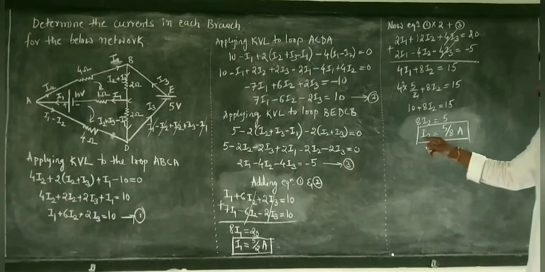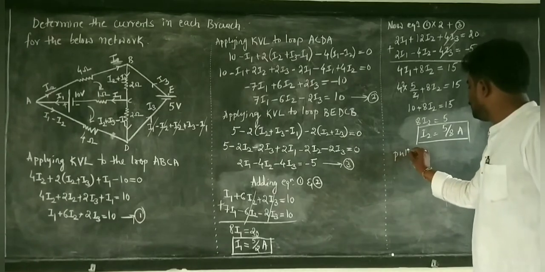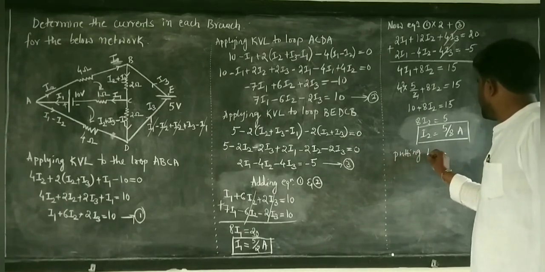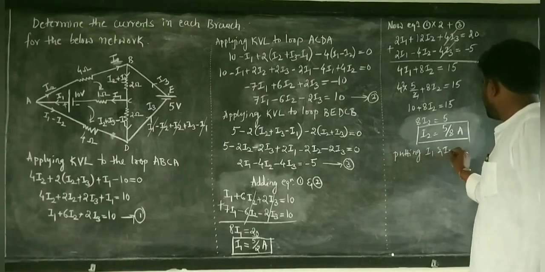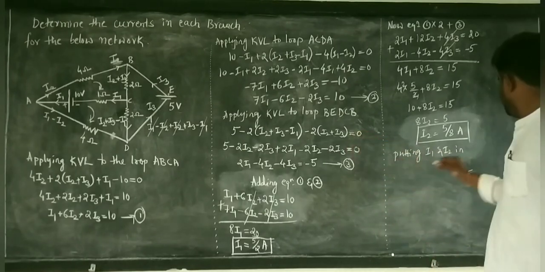Now we know the value of I1 as well as I2, and putting these two values, I1 and I2, in which equation? In equation 1.